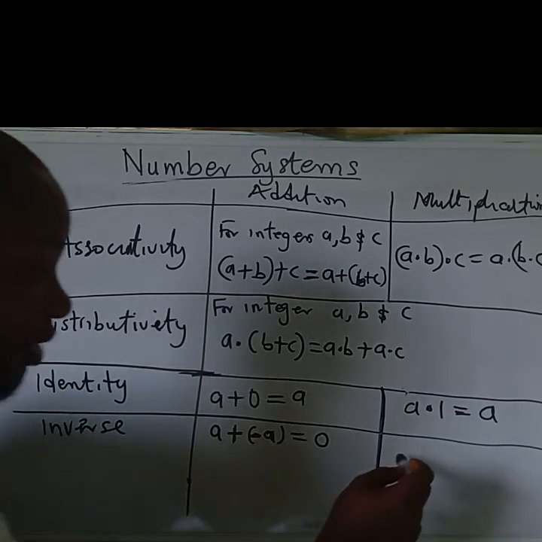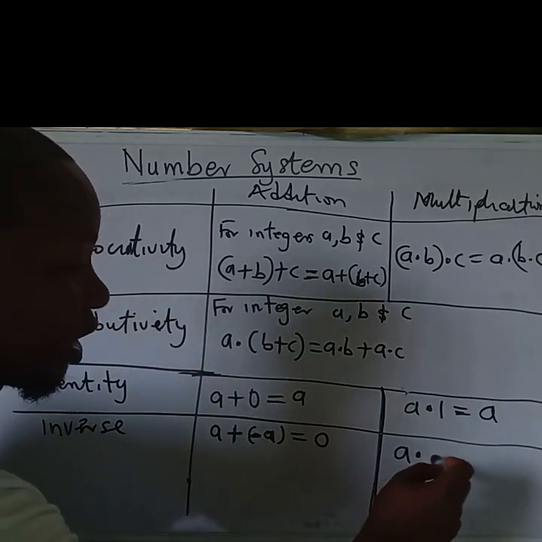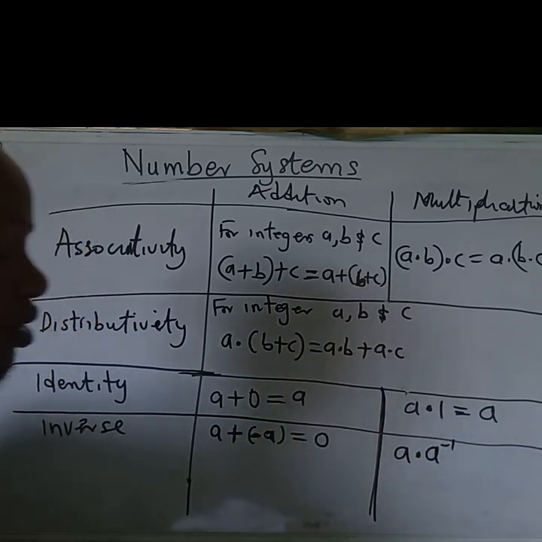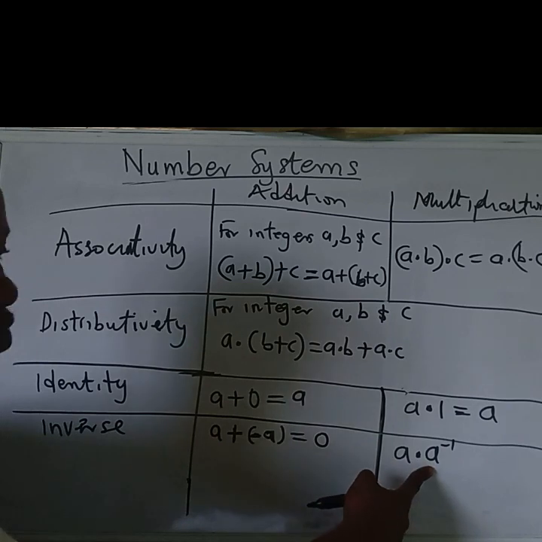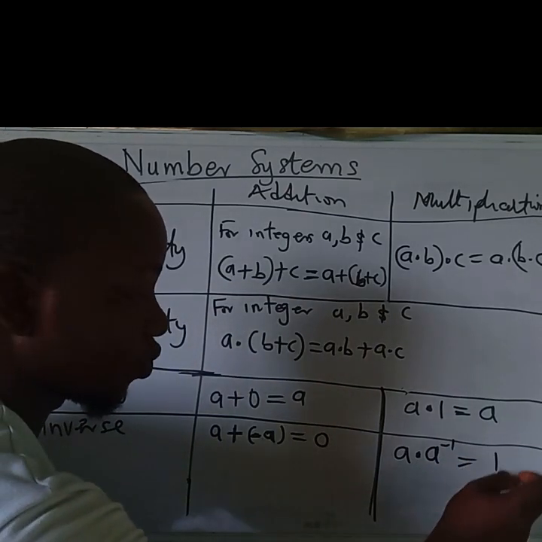So if you have a number and we want to multiply the number with its inverse, the inverse will come here, and of course this will make it 1.